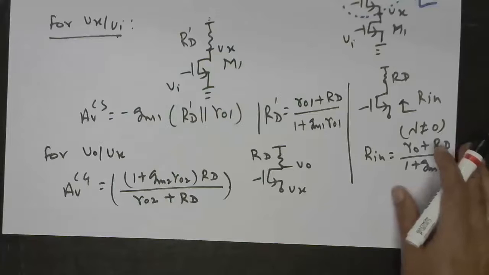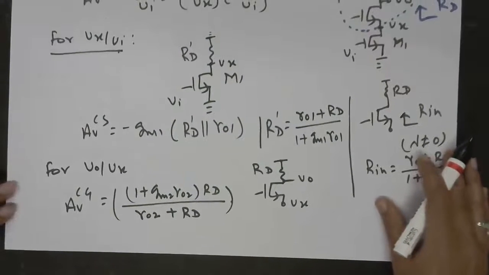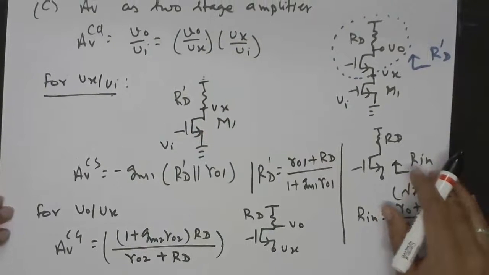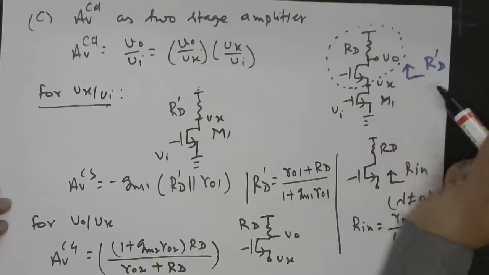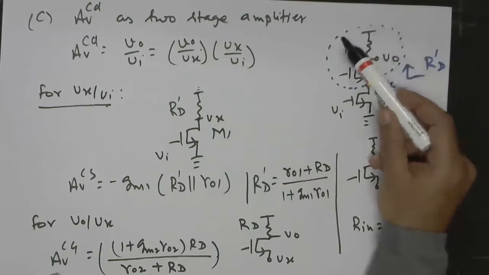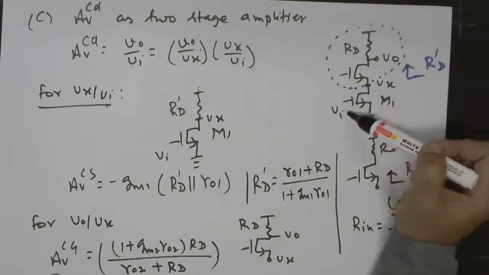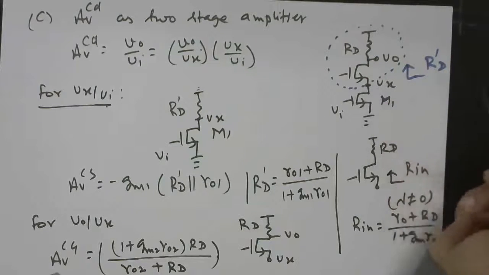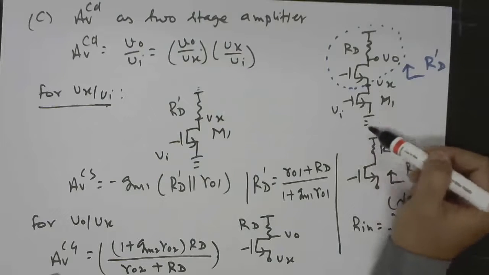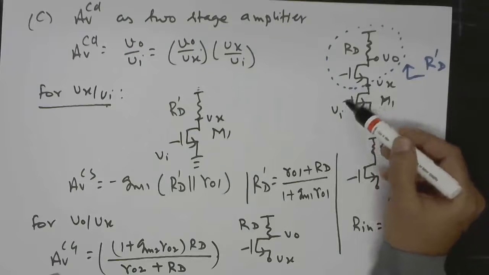So these are three ways. In fact, there is one more way of finding the voltage gain of this. In that case, instead of substituting the upper part by RD and then finding the voltage gain of the common source, we substitute the lower side, the first MOS along with the input, by its Thevenin model.